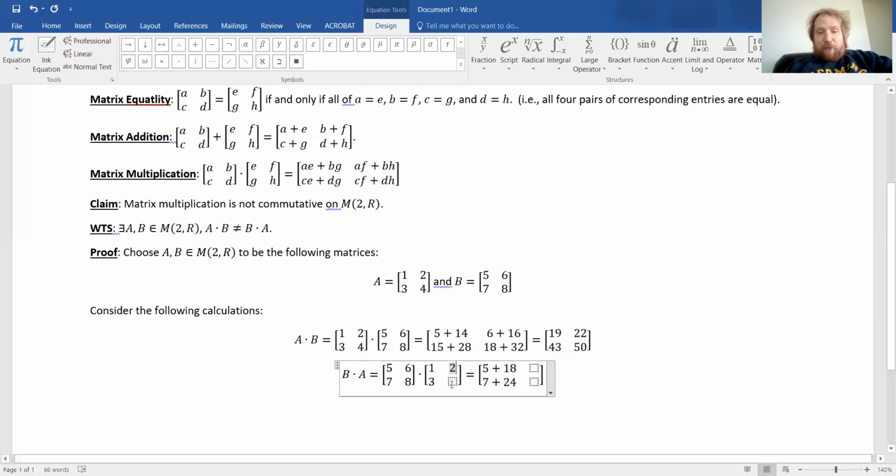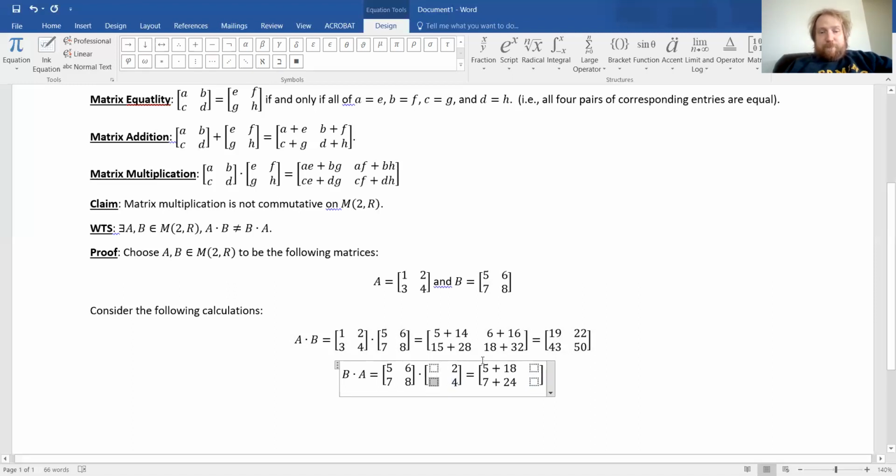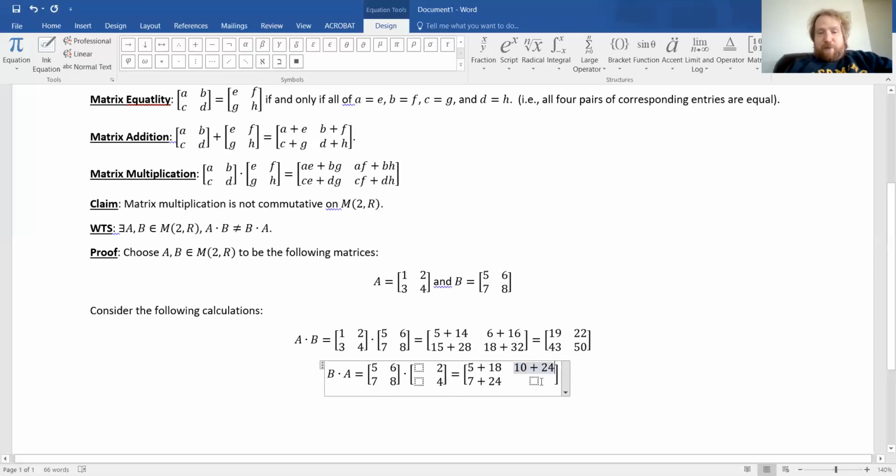Now when I go back to do the second column, I get 5 times 2 is 10, plus 6 times 4 is 24. And I get 7 times 2 is 14, plus 8 times 4 is 32.